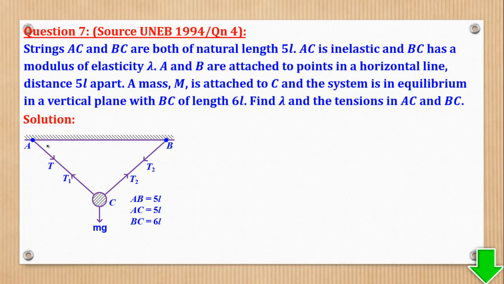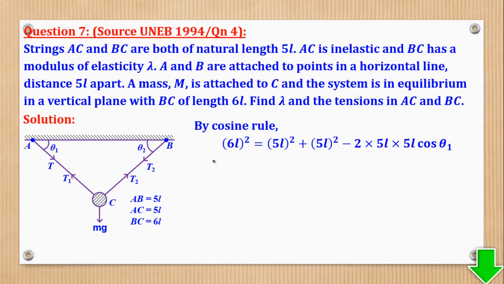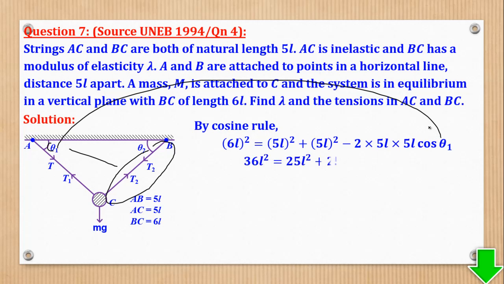We need to resolve, so we need to get some of the angles, so let that be θ1 and that one be θ2. So by cosine rule, we have to look for getting these angles. So by cosine rule, I can say 6L. If I use 6L, 6L is this. We shall now be able to get this angle θ1. So simplify and get θ1.